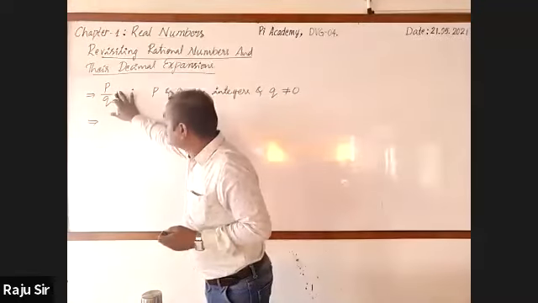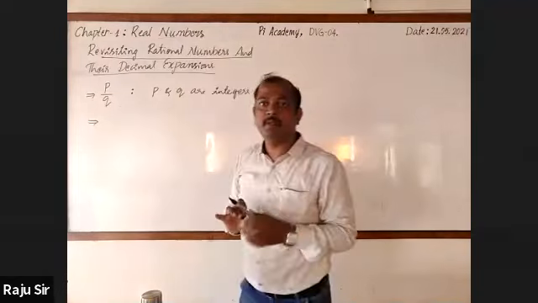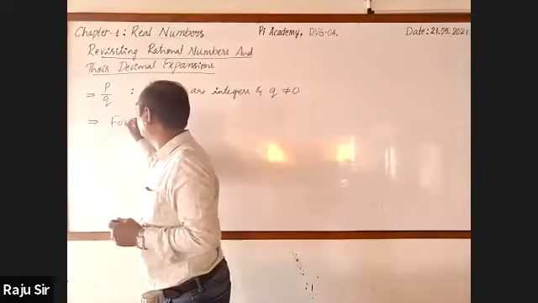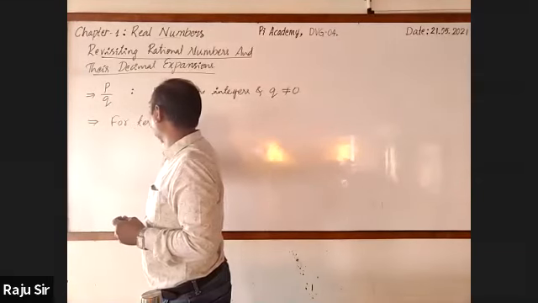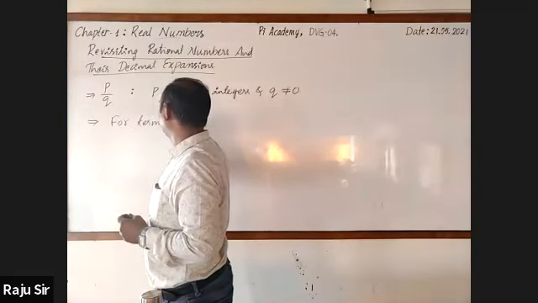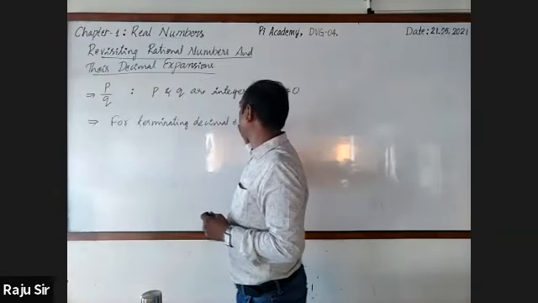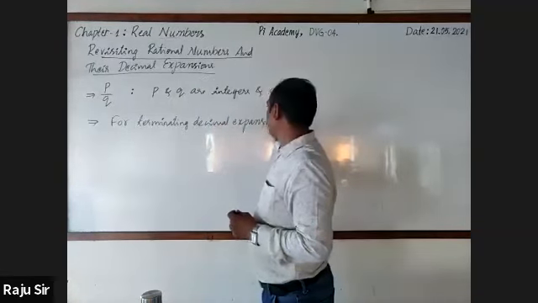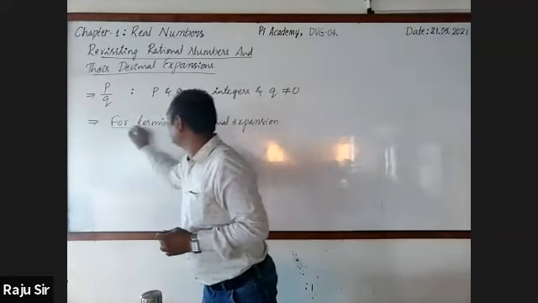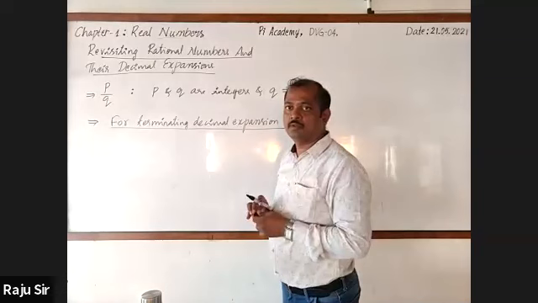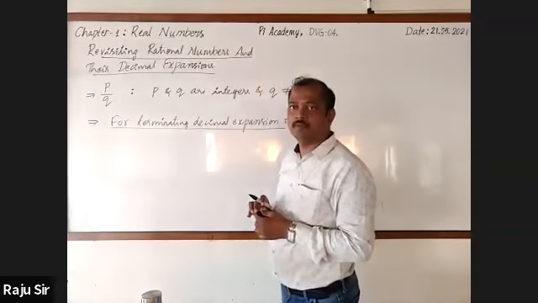Now, the decimal expansion of p by q will be terminating. So this is the first case, for terminating decimal expansion.